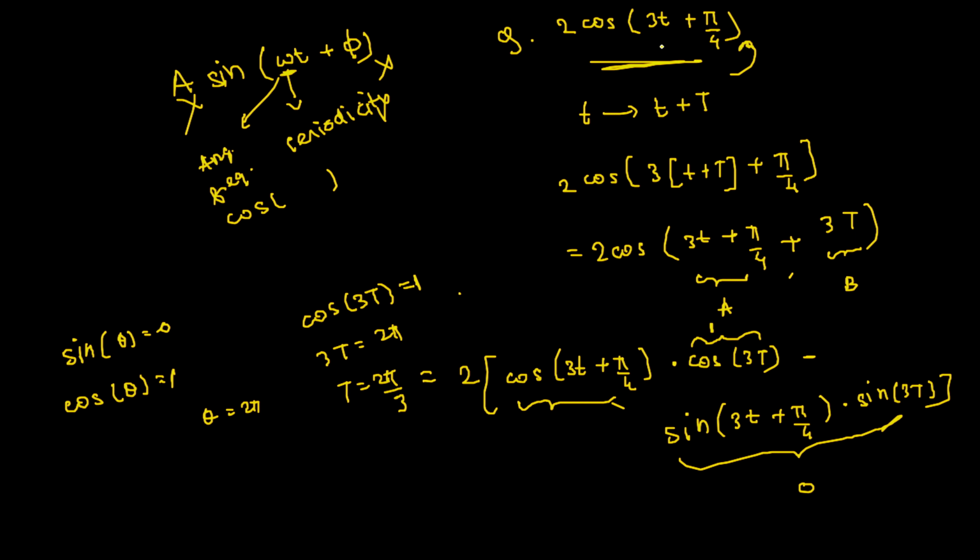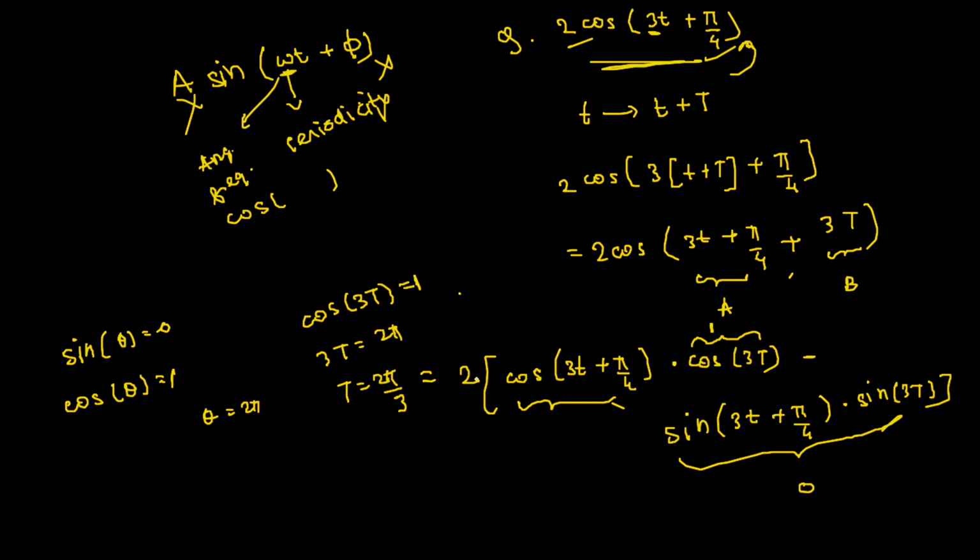However, for trigonometric questions, there is a much easier way, which is by using the concept that I said, which is based on angular frequency. So we know that our periodicity does not depend on this 2 or this pi by 4. It just depends on angular frequency, which is 3. So we know that omega is equal to 3 in this case.